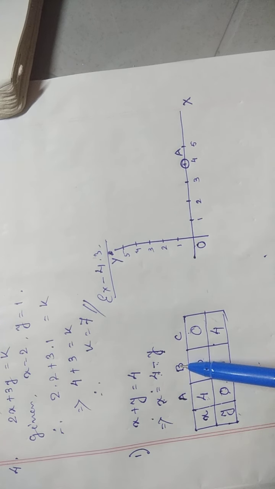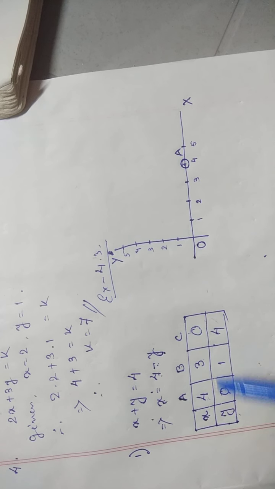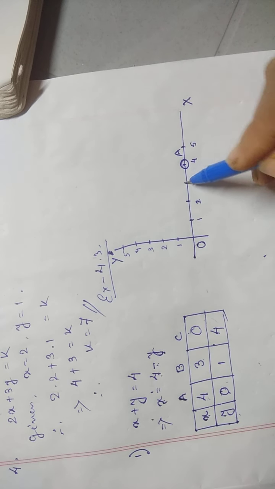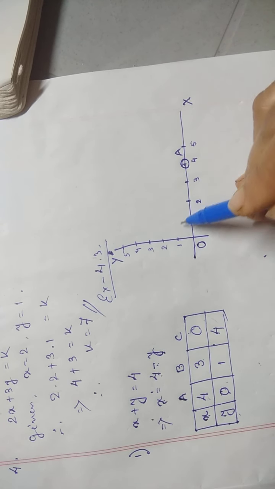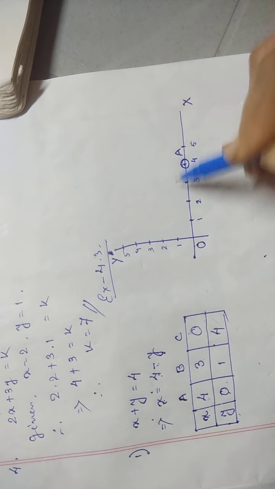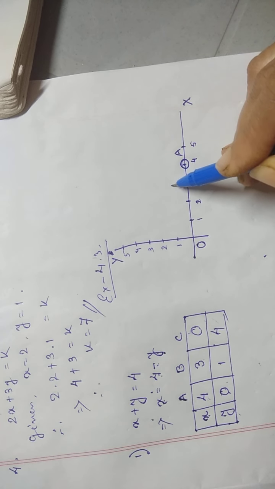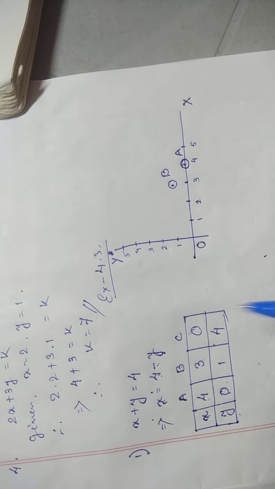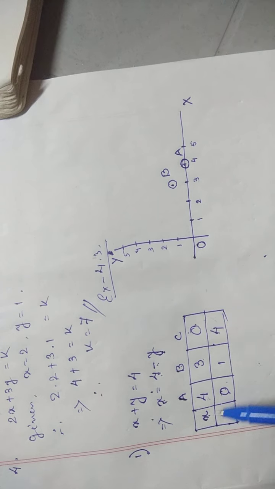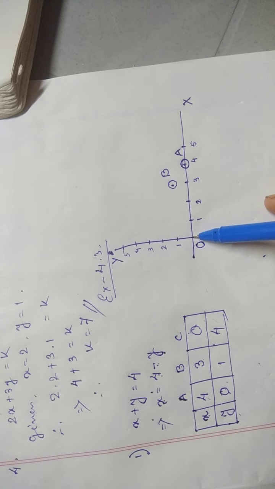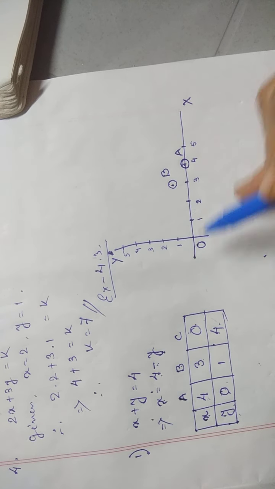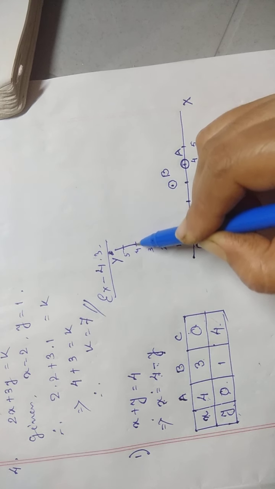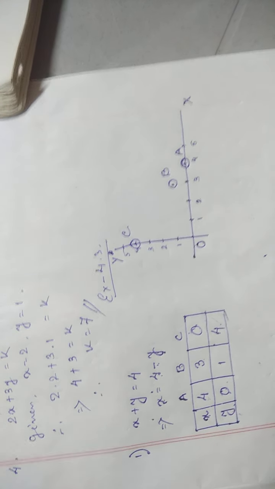Next point B. That is x is equal to 3, y equal to 1. This is 1. That means this one. This point is B. Clear? Next, point C. x is 0, y is plus 4. Y is which side? This one. This point is C.